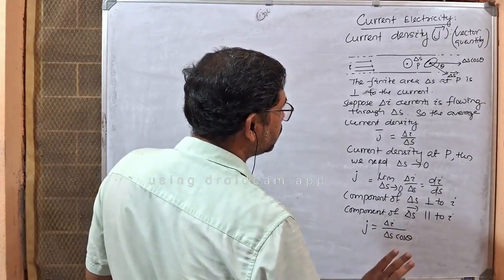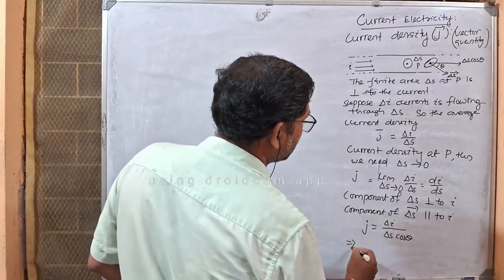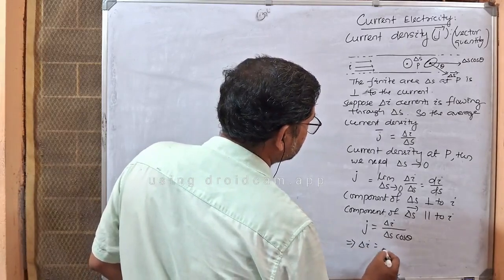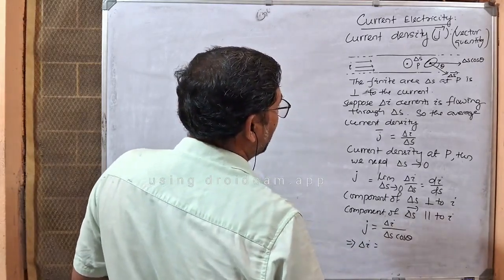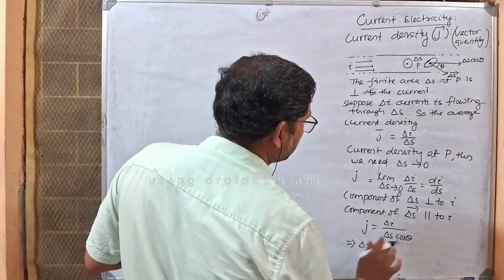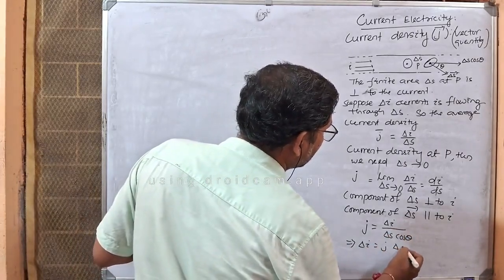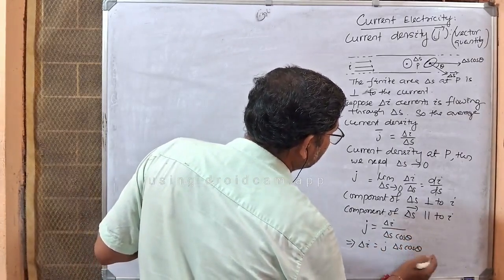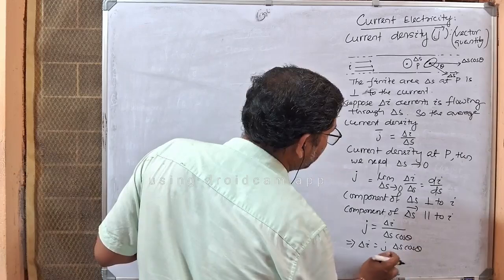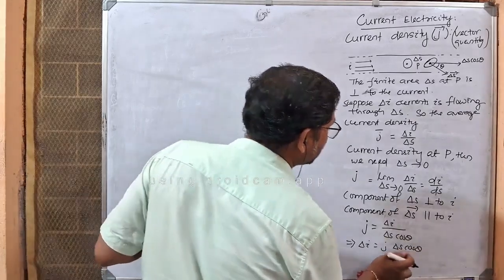Understand? So delta I, or you can say dI by dS cos theta, whatever, so delta I will be J delta S cos theta. We can make these two vector quantities, and the product of those two vector quantities gives a cos theta.